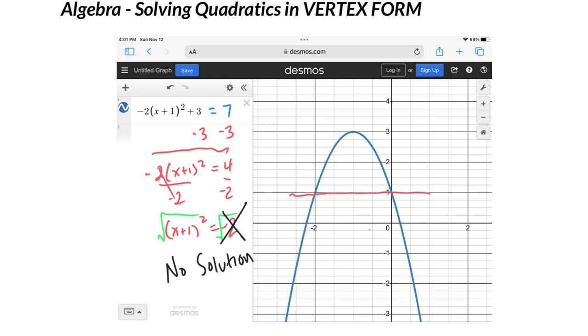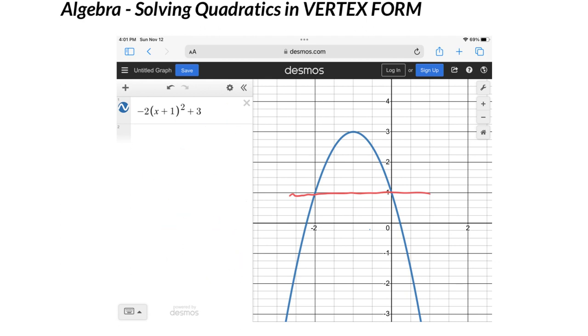If I asked you to find the x values that went to a y value that the parabola won't ever touch, like I did in this one. Okay? Now, do not be afraid if the answers come out with square roots. For example, if I said, when is this thing going to be equal to 2? And you said, well, subtract 3. Negative 2 times x plus 1 squared equals negative 1. Divide by negative 2.